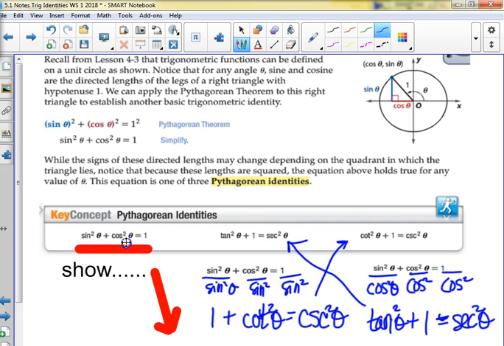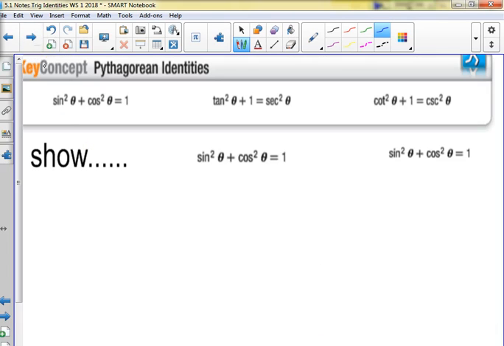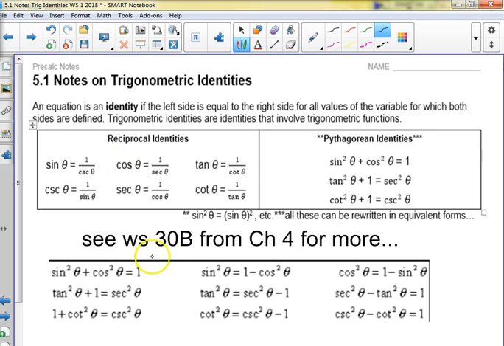All right. Now, the other thing you need to know is that these can be rearranged, okay? Look down here, sine squared plus cosine squared equals 1 means sine squared equals 1 minus cosine squared, or cosine squared equals 1 minus sine squared, right?